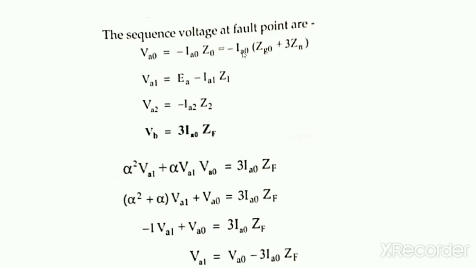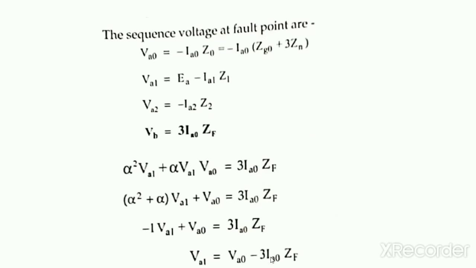VA0 is equal to minus IA0 into ZG0 plus 3ZN, and also minus 3IA0 into ZF.